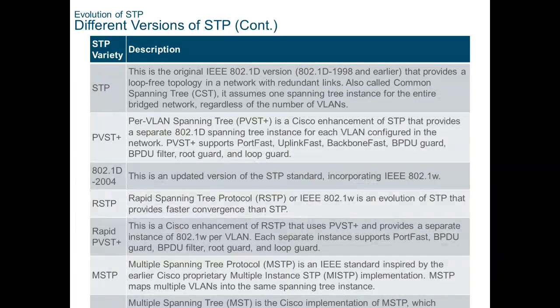Rapid spanning tree was an evolution that provided faster convergence. In other words, the rules about listening and learning and the default 15 seconds were changed. Cisco went, well, if this is now going to be like the new standard, we better update our Per-VLAN spanning tree to cater for this.